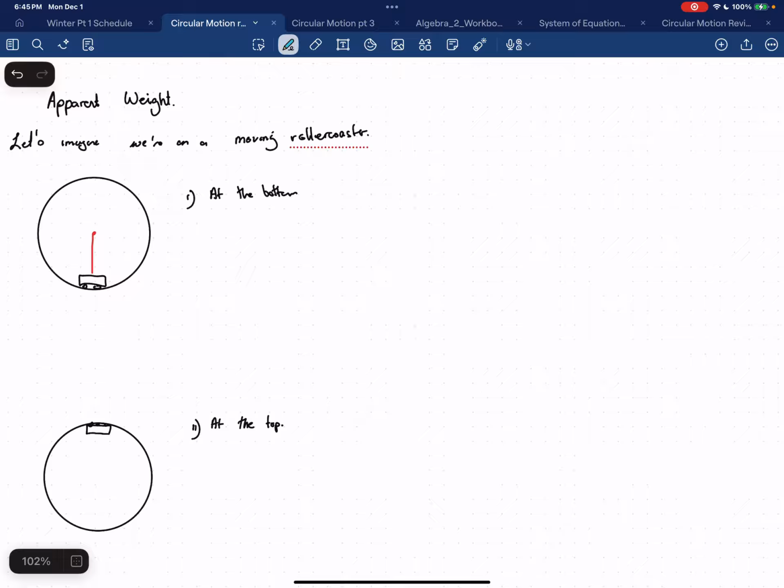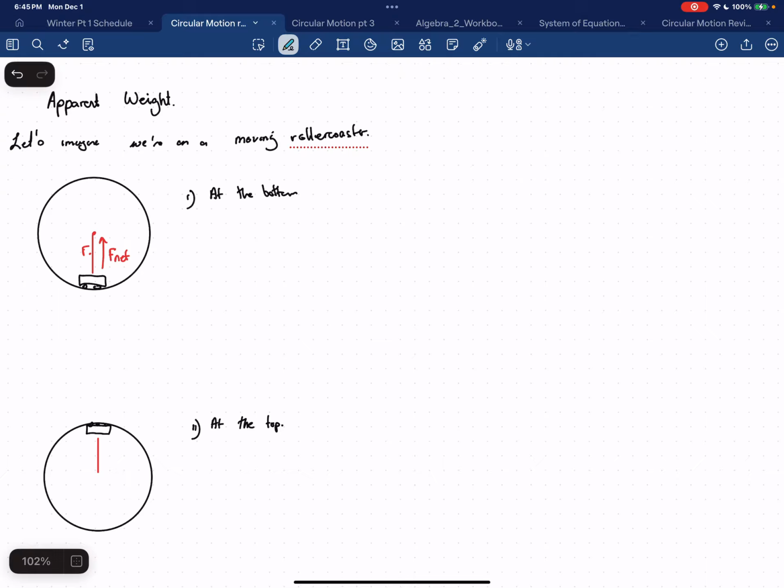I'm moving in a loop, so I'm undergoing uniform circular motion. Just by looking at this, you can tell I have a net force pointing to the center of the circle.